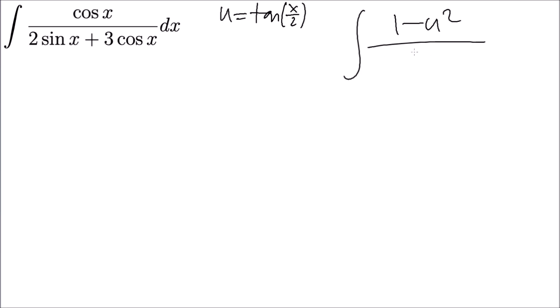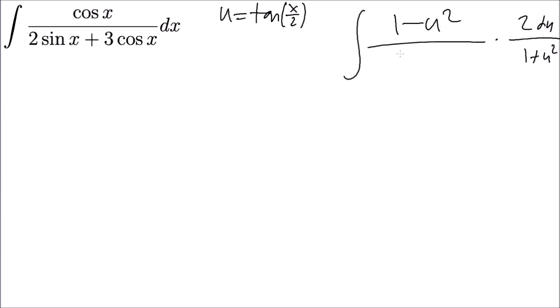Let u equal tangent of x over 2, and then we can actually get 1 minus u squared. The 1 plus u squared gets cancelled out. So this is 2 du over 1 plus u squared.